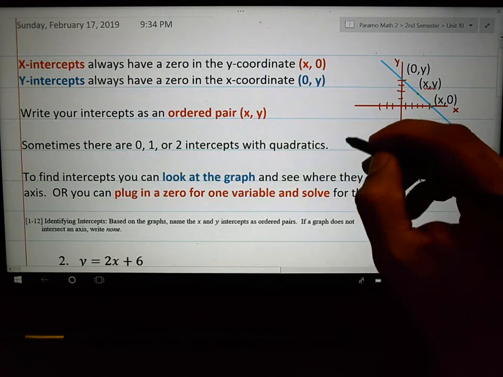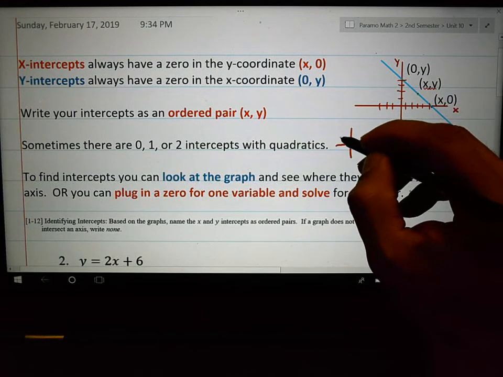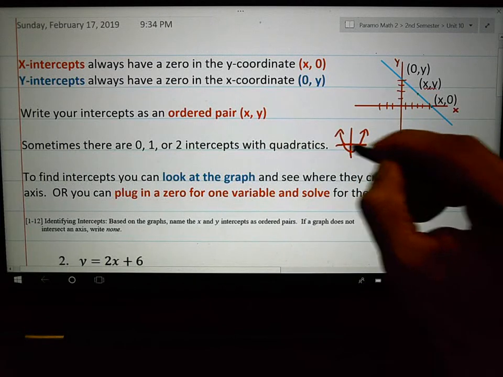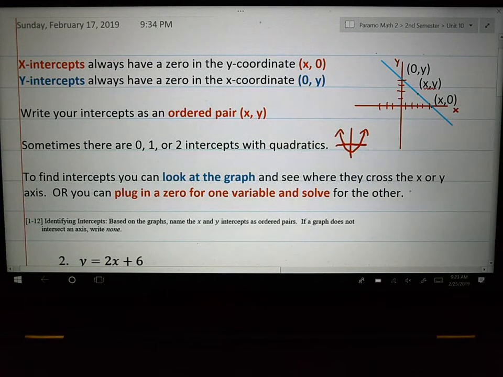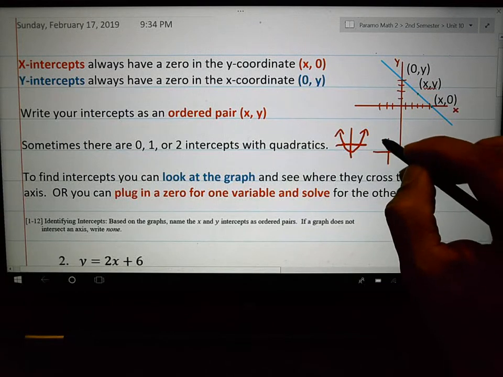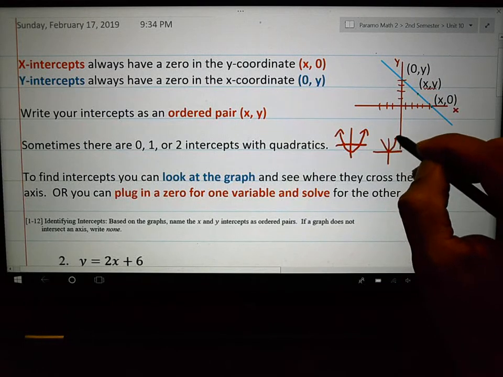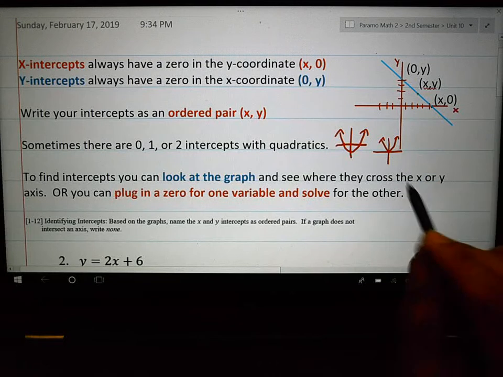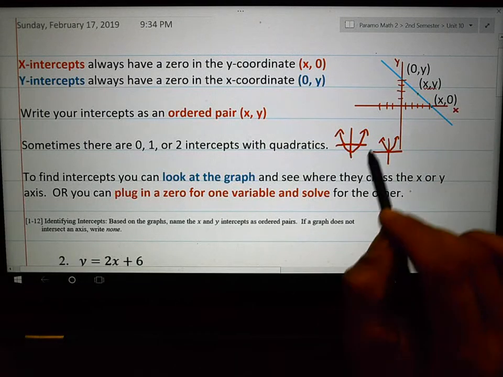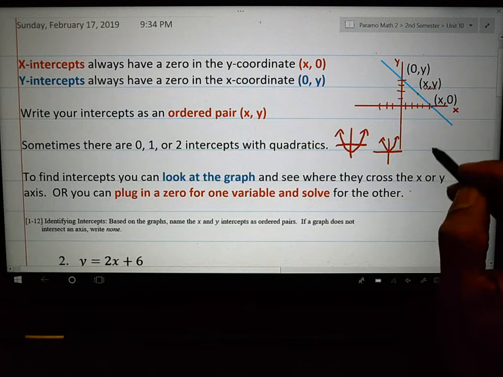Think about it. If I had a quadratic that was going through like this, it might have 2 X-intercepts. But if I shift the graph up a little bit, it might only touch the X-axis in one spot. This has 1 intercept.